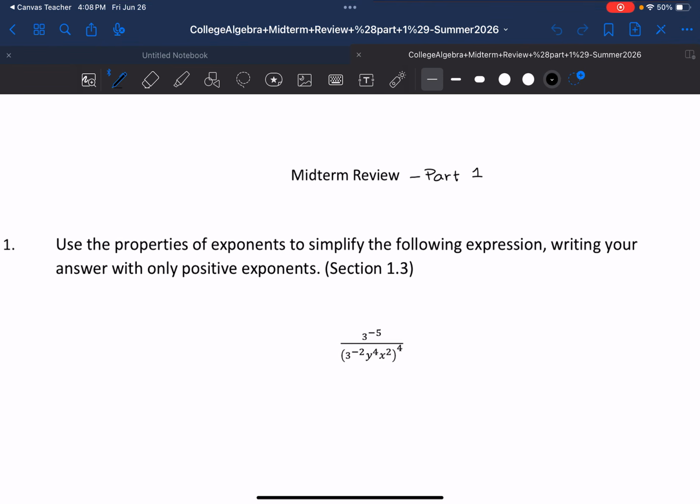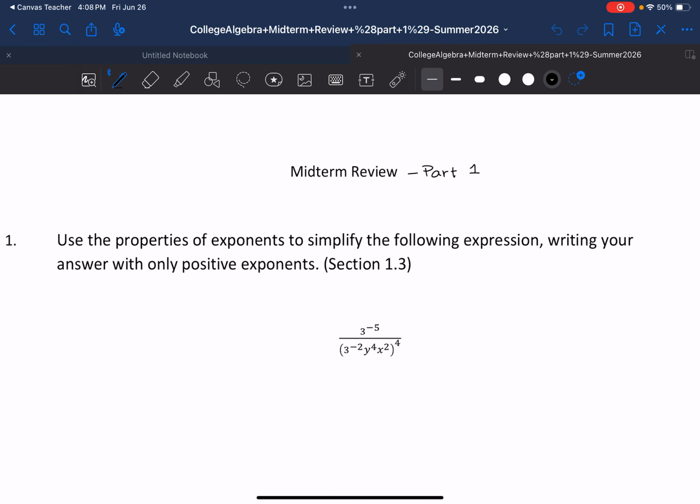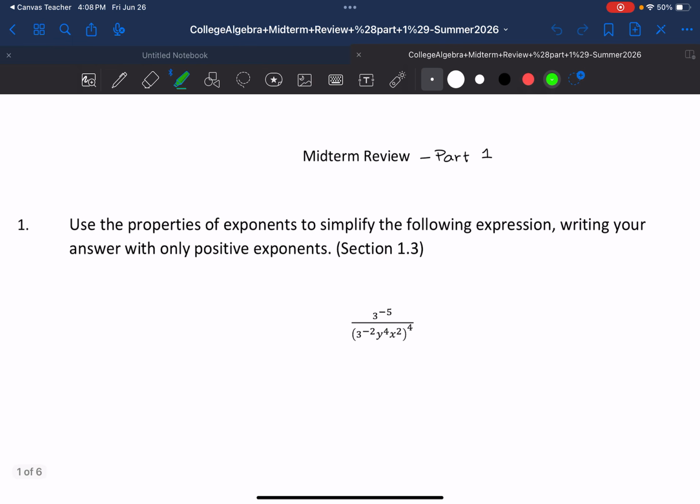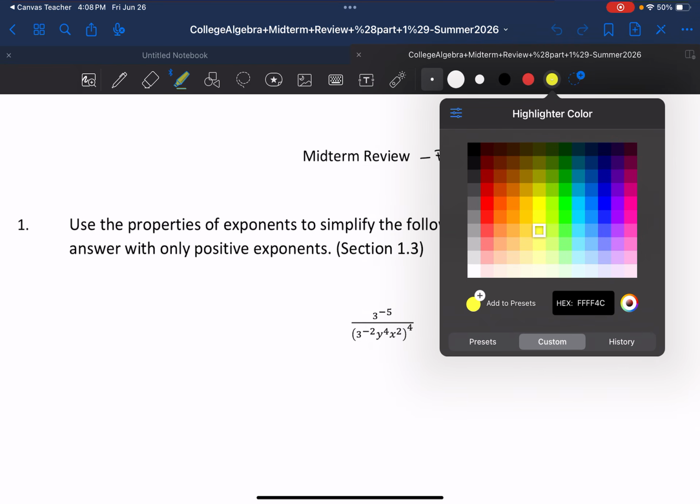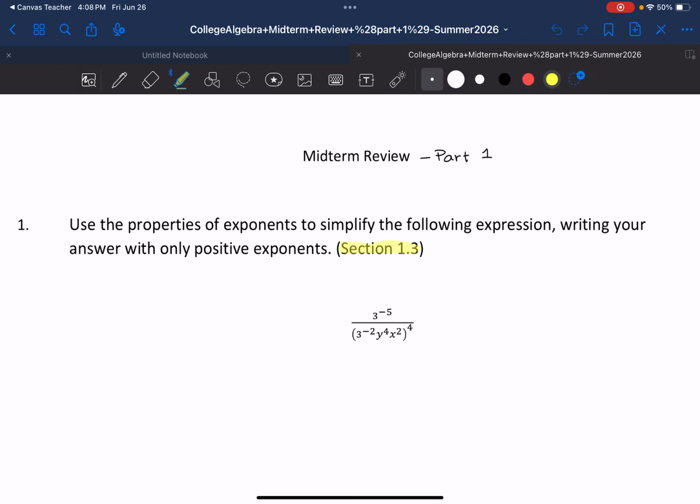All right, so one of the first problems you can expect to see is a problem like number 1 here. This is from section 1.3. So I did put at the end of each problem what section it comes from. That way, if you want to go study that section more, you can.